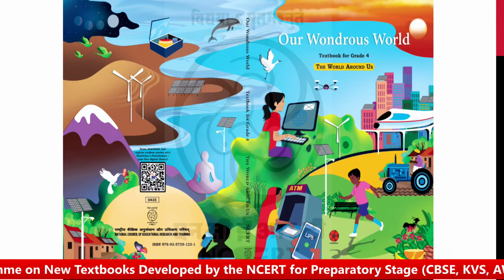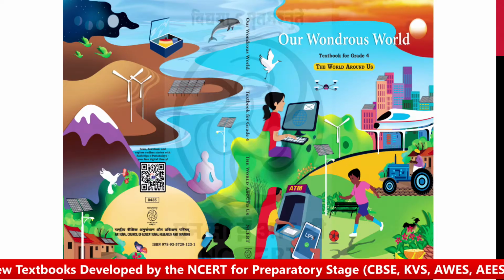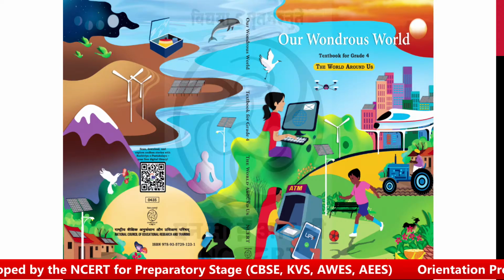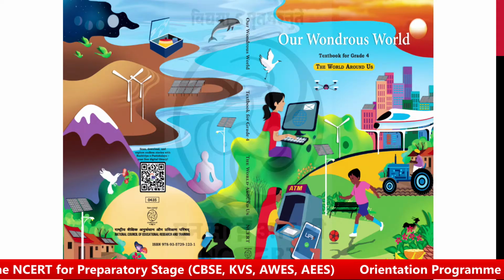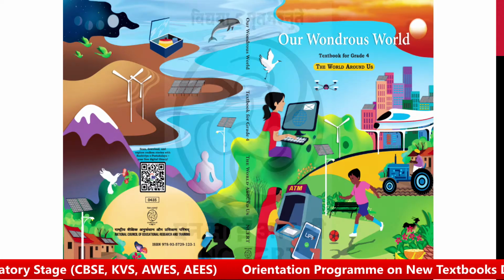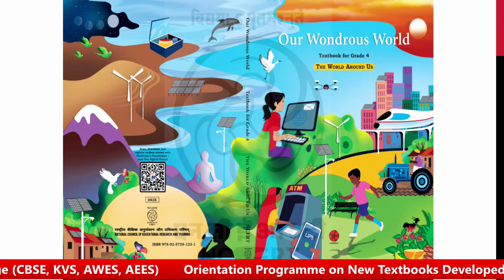Very happy to project to you the cover page of the world around us, Our Wondrous World. The title remains the same as in grade 3. You can see that there is a blend of different elements in the different chapters in the world around us.